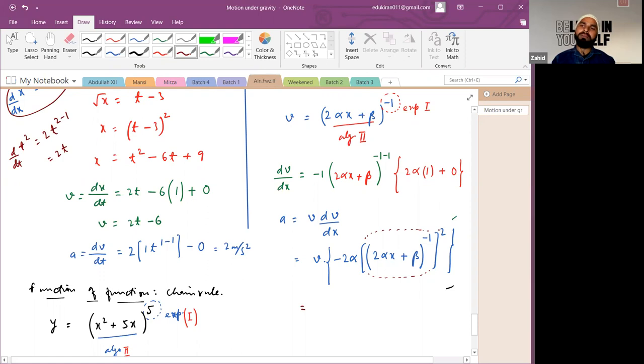As we know, x to the power m, which is further raised to power n, the powers get multiplied, so we can write minus 2 as minus 1 into 2. Now this expression and this expression are the same, so it will be just velocity. On rearranging, you will get minus 2 alpha, and this is velocity having a square, so it will be v squared. On combining the whole term, it will become minus 2 alpha v cubed as a.